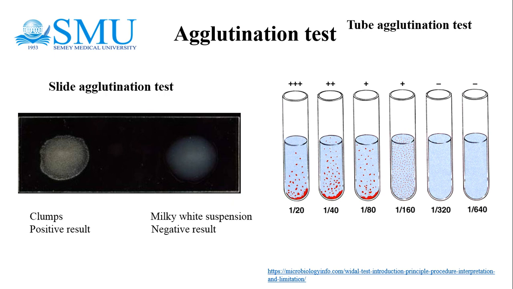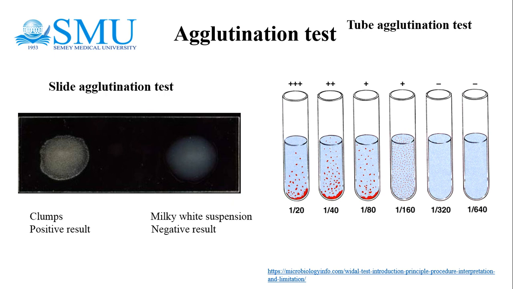The procedure: first of all, a fixed volume of a particulate antigen suspension is added to an equal volume of serial dilutions of a serum sample containing appropriate antibody in test tubes.